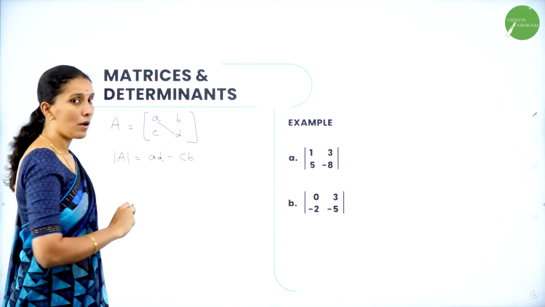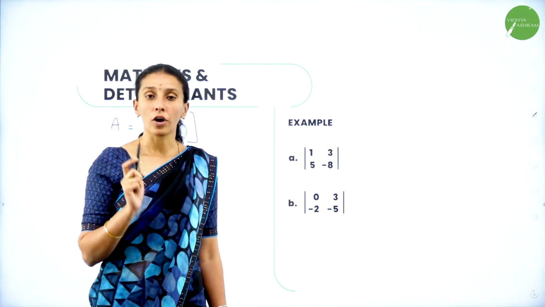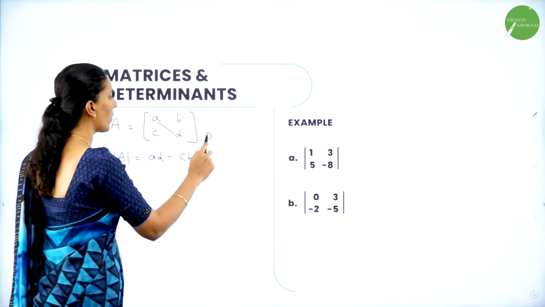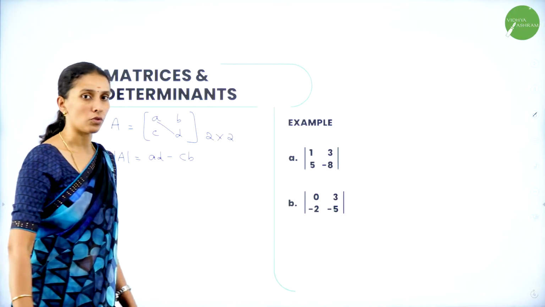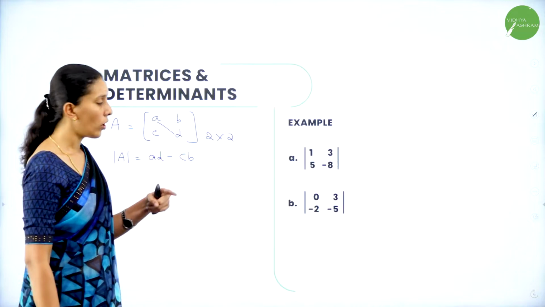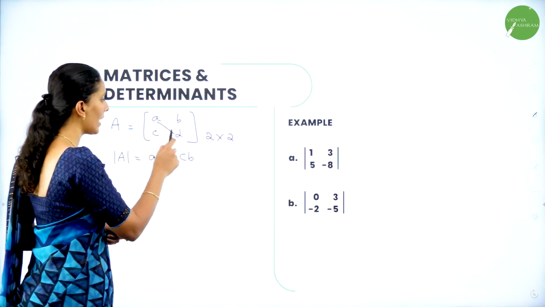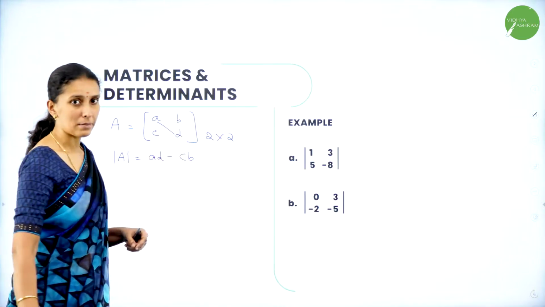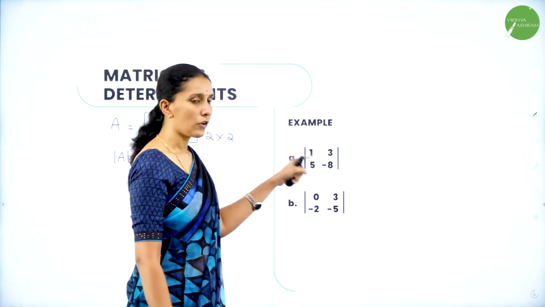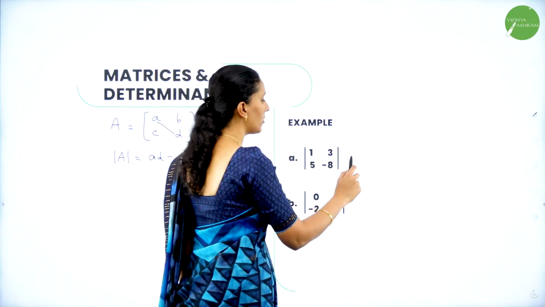So, this is the determinant of a square matrix of order 2 cross 2. If a matrix is of order 2 cross 2, then the determinant of the matrix is given by ad minus cb.